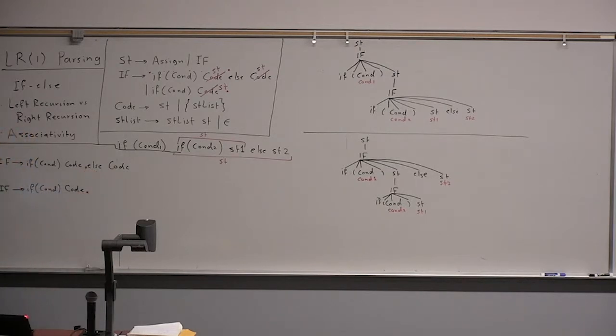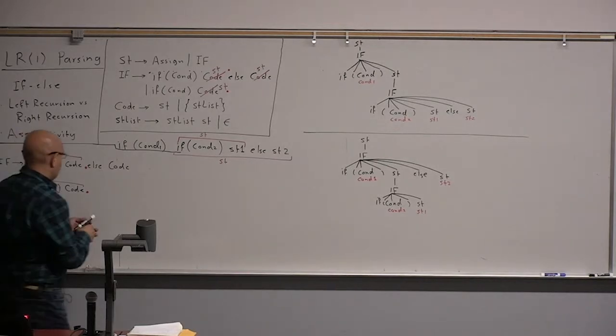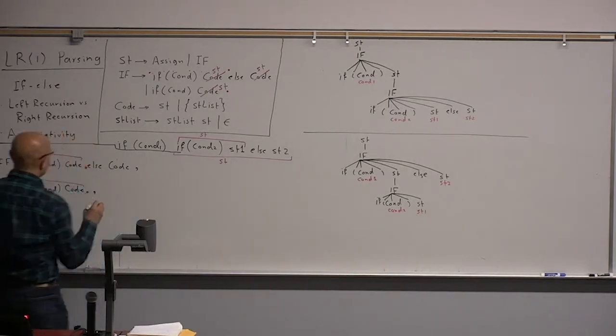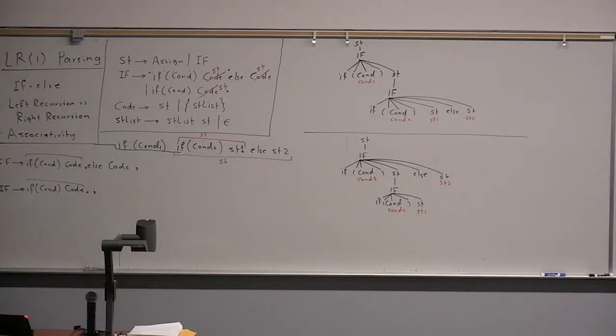If this is what we have on the stack, then the placeholder will get to this point. Now, by the way, what's the look ahead? The look ahead should be, well, in the first one, the look ahead will be else. The second one should be end of line.